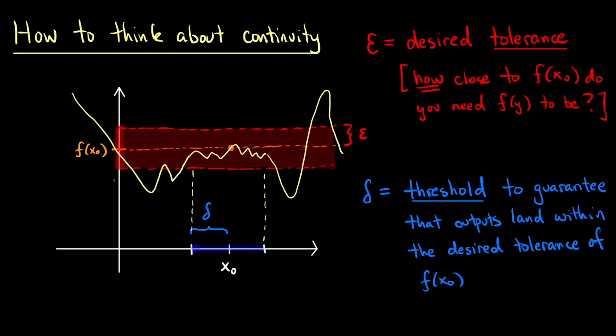If your adversary picked a smaller epsilon, maybe half as big, then you would have to pick a much smaller delta in order to keep the curve inside of the desired tolerance. So this is how you think of it. Your adversary picks a tolerance. You've got to find a threshold delta so that if the input level is within the threshold, the output, f of those inputs, will be within the desired tolerance of f of x naught.